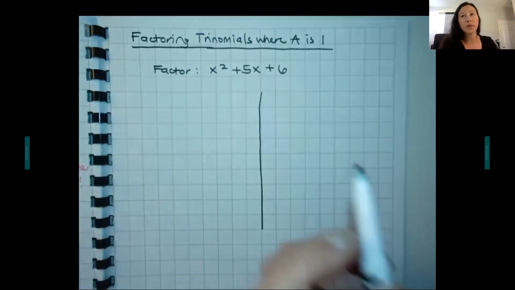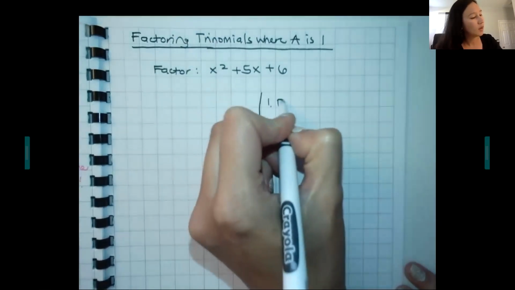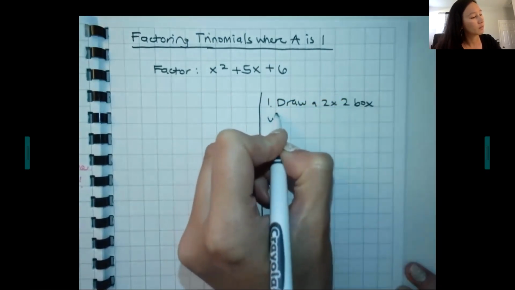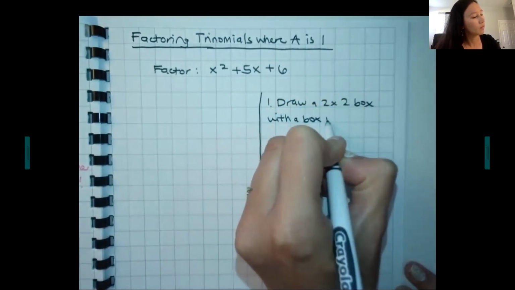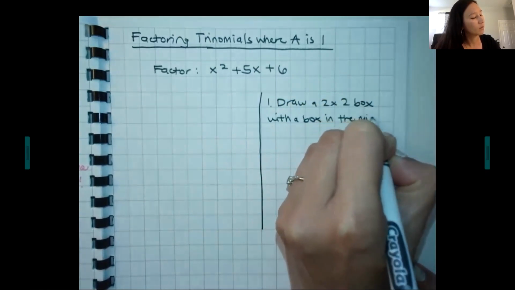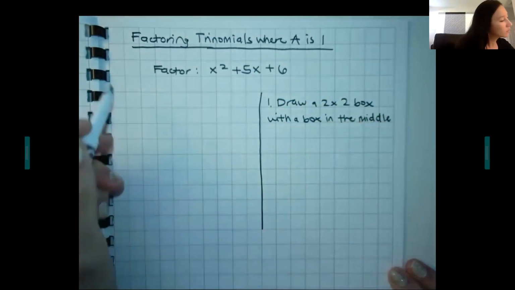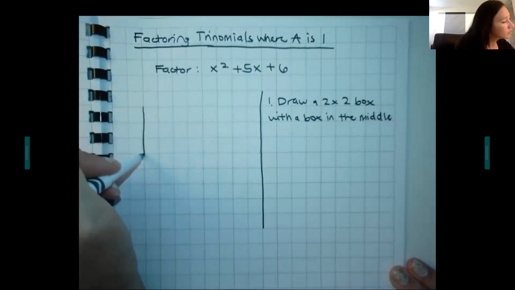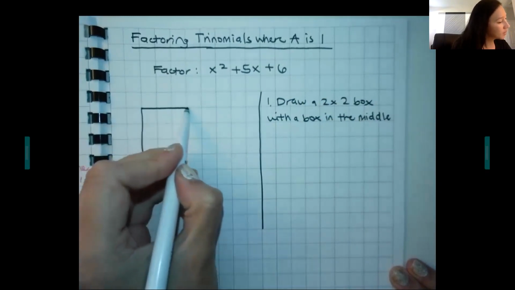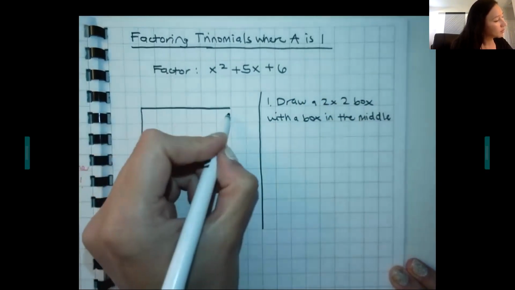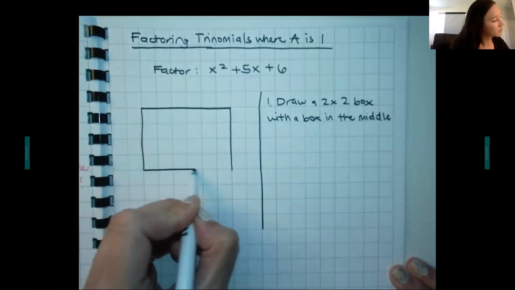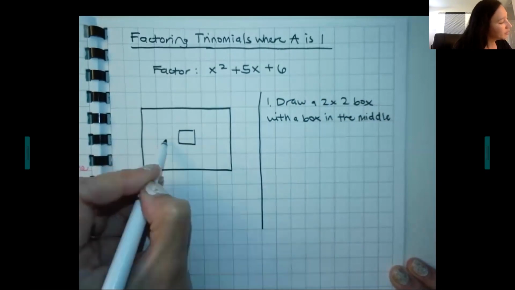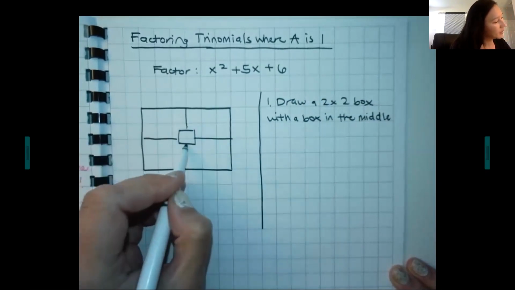So the first thing is we're going to draw a 2x2 box with a box in the middle. And then we're going to draw our box in the middle. And you're going to see why.